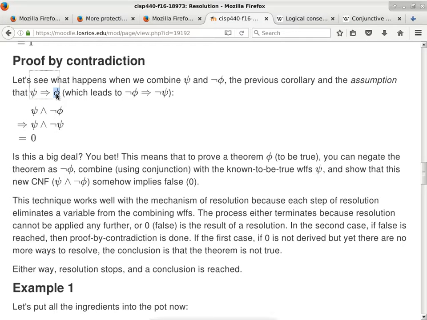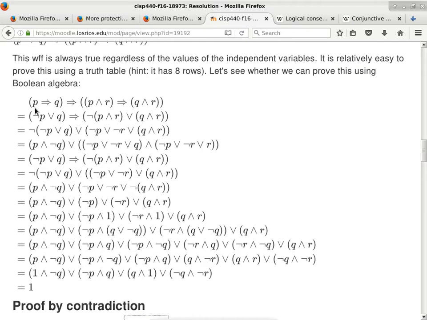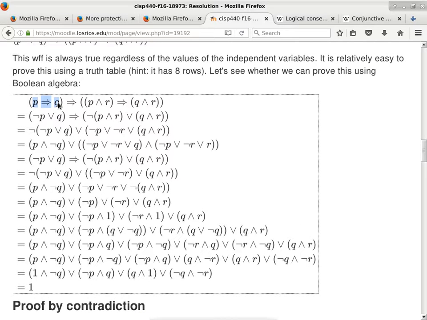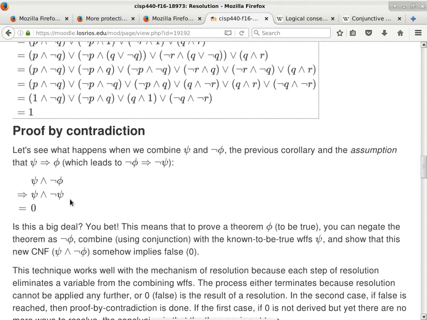Phi is the theorem that I'm trying to prove, but since I can show that this is really saying the same thing as this, and using the corollary that we have earlier, which is basically saying if you can say that P implies Q, then P and R implies Q and R is also guaranteed to be true.